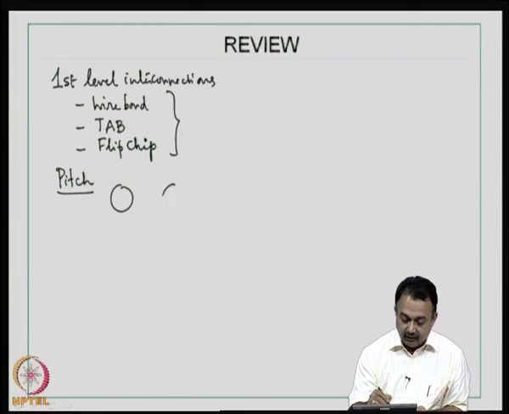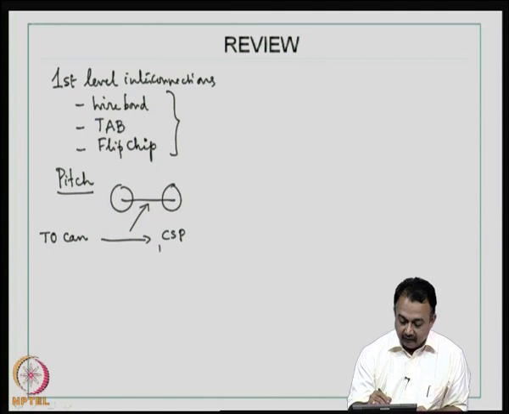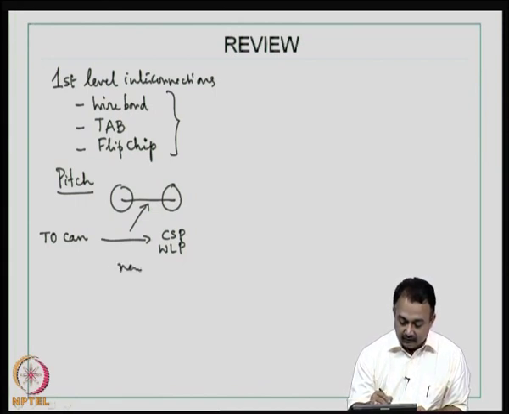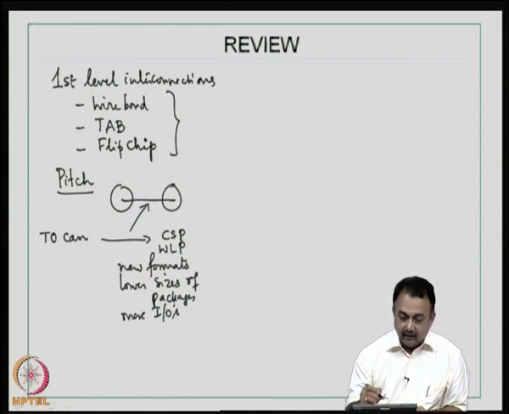If you have two I/O points, the midpoint of these two adjacent pins or pads is referred to as the pitch, and we have seen, as the decades went by, starting with the TO CAN, and today we are in the CSP, or wafer level package, that the pitch has decreased tremendously, and that is one of the reasons why we are able to get new formats, and lower sizes of packages and more I/O pins that have been packed into these packages.